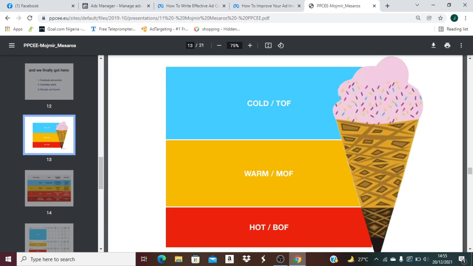In this tutorial, I want to talk about the Facebook sales funnel. So, what is a sales funnel?